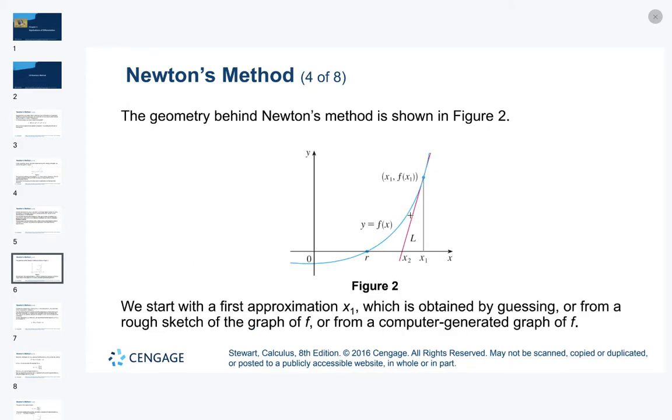What's the geometry behind Newton's method? You have your curve here, in blue. You want to identify R. R is where you get a solution equal to 0. That's what it means to be the x-intercept. Y is 0.